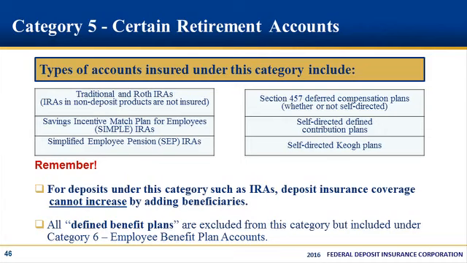This is incorrect. For deposits under this category, such as IRAs, the maximum deposit insurance coverage, even if beneficiaries are named, is up to $250,000 for the participant. Please note that all defined benefit plans are excluded from this category, as well as any defined contribution plan which is not self-directed.